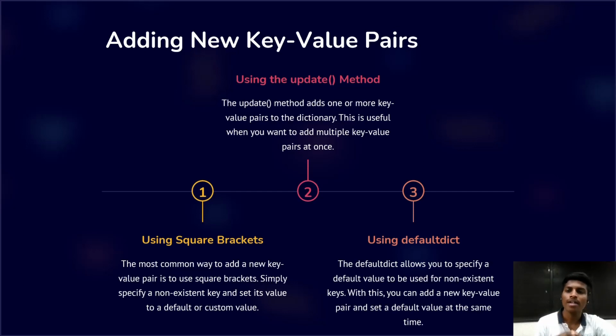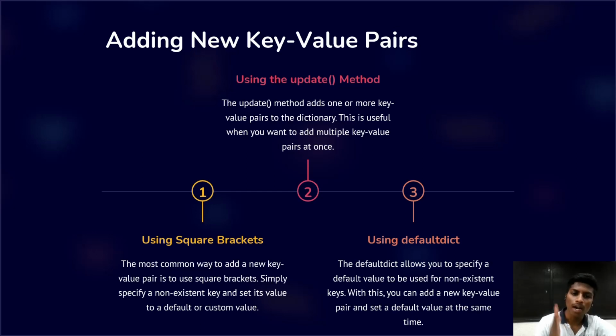So update is used when we need to add multiple key-value pairs altogether. Here we are learning about dictionary. When we add multiple key-value pairs at once, we use the key term update.